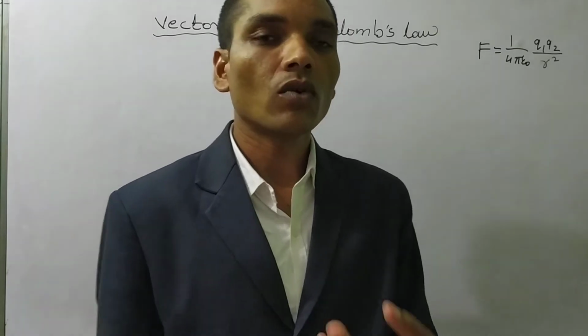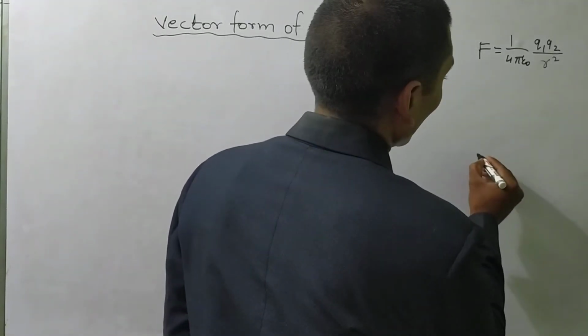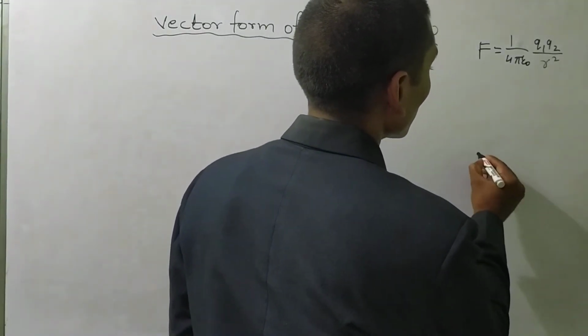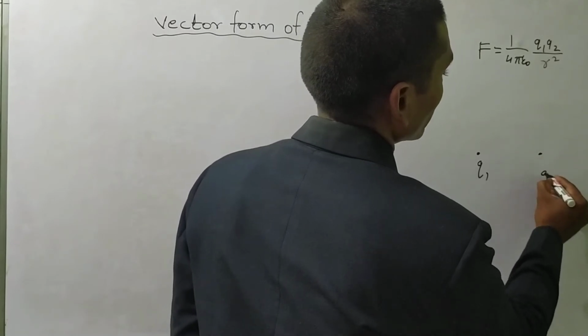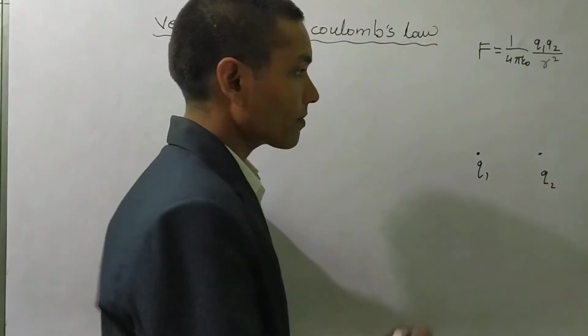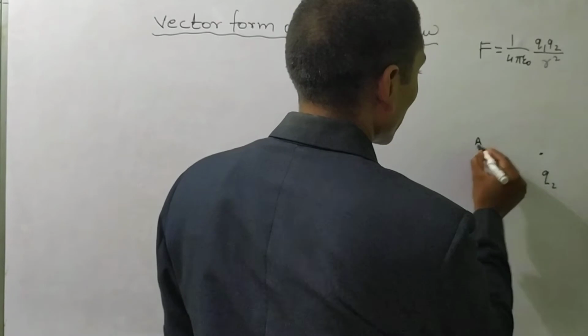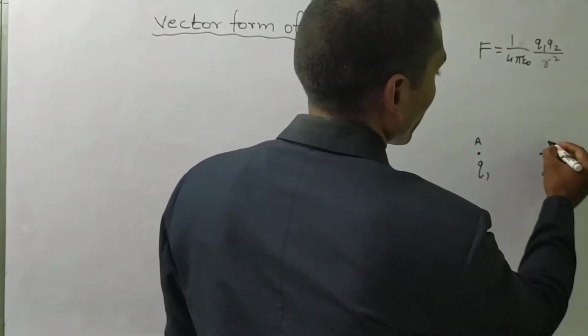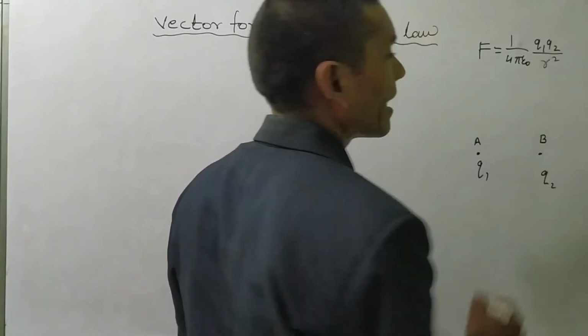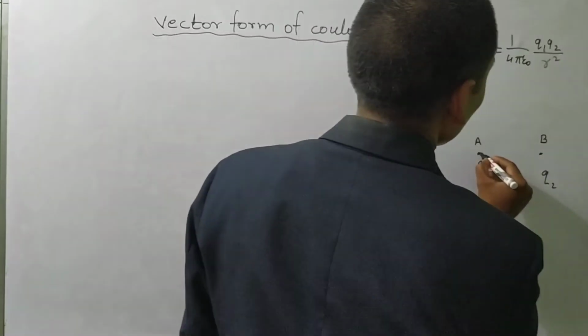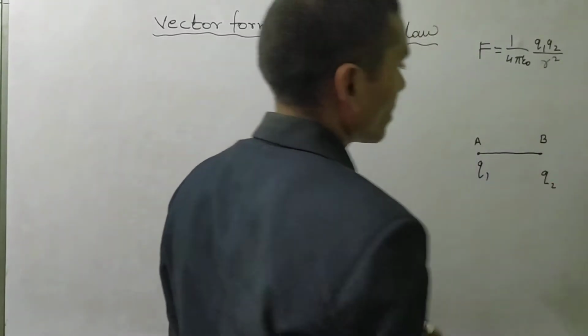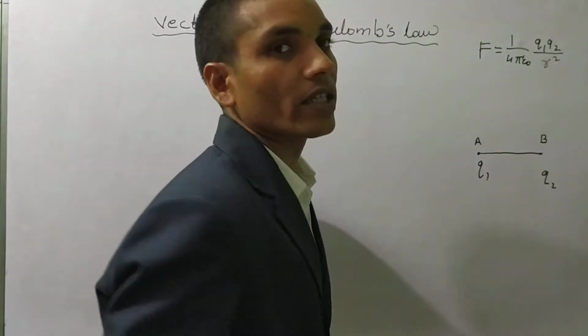So consider 2 point charges. Let the first point charge be Q1 and the second point charge be Q2. Let this charge be placed at point A and this one at point B. Join the point charges. This is the distance between 2 point charges.